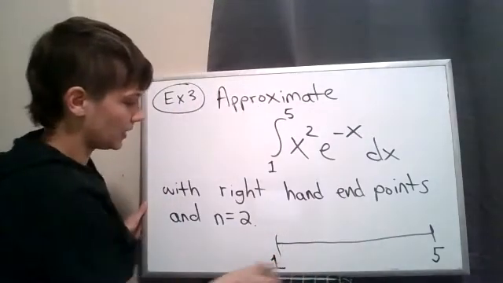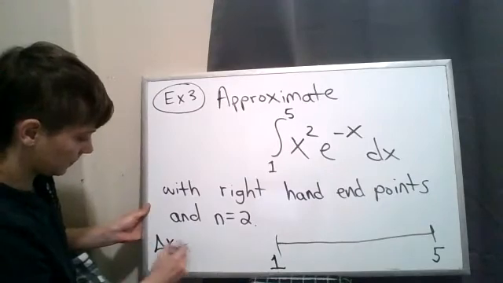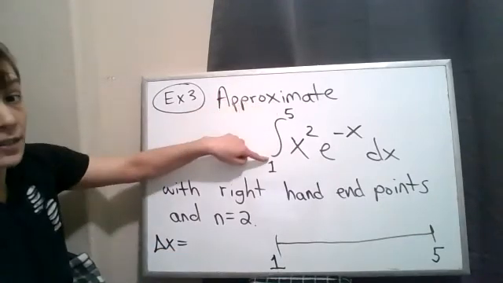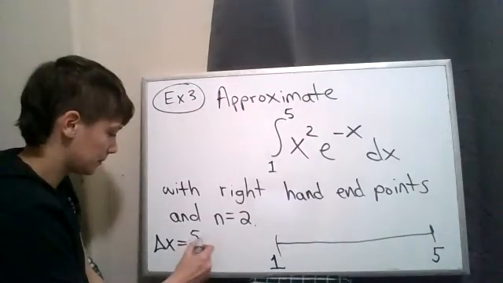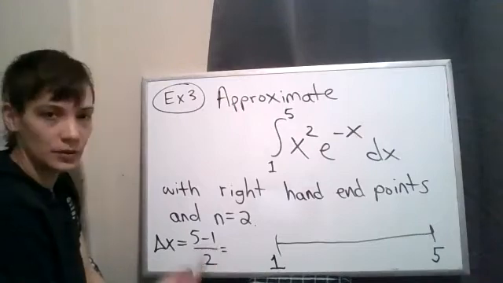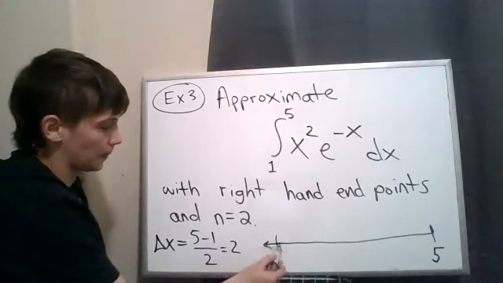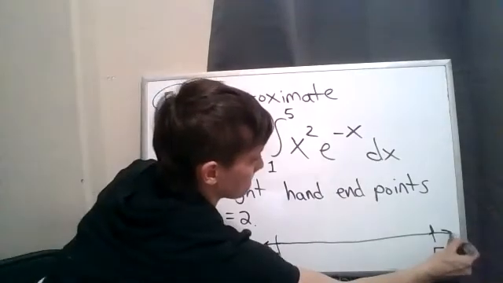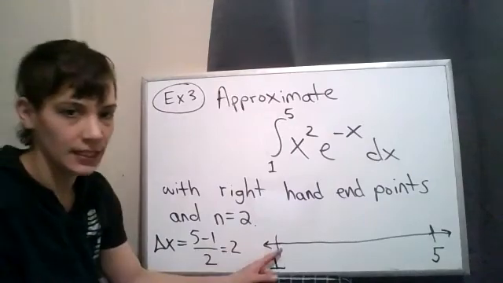Okay, let's find delta x. Okay, 5 minus 1 divided by 2. So 4 over 2 is going to be 2. So the width of each subinterval is 2.